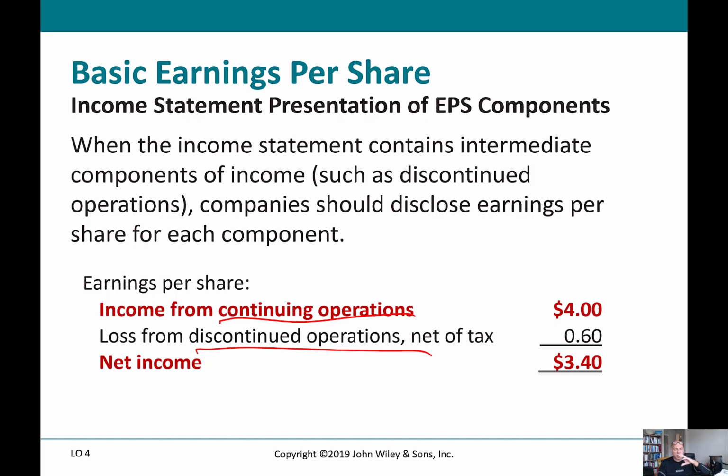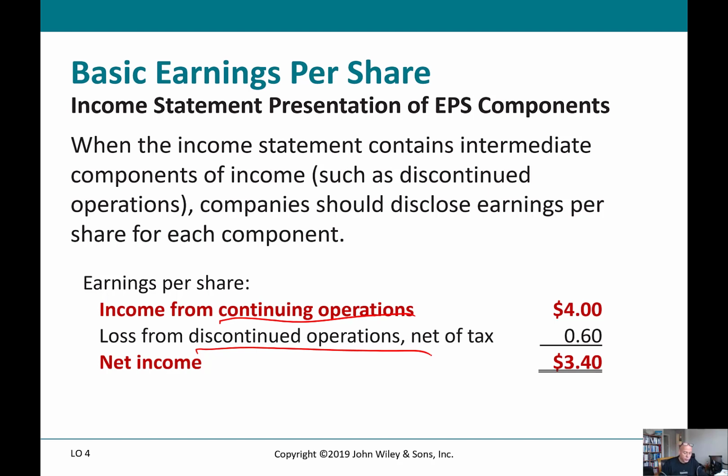And then, of course, a discontinued operation, if it's a gain, is added. If it's a loss, it's subtracted from income from continuing operations, and this was considered a loss here. The difference is net income, and you have to report the earnings per share for your net income. So you really have three numbers, assuming you have a discontinued operation, that you have to report for your earnings per share.